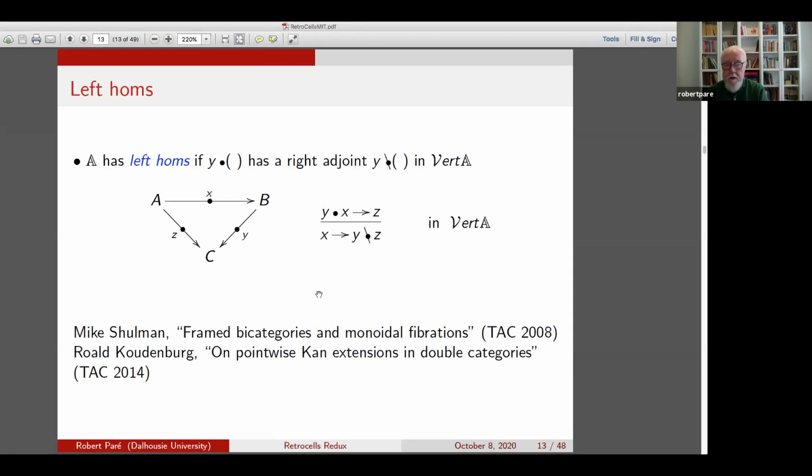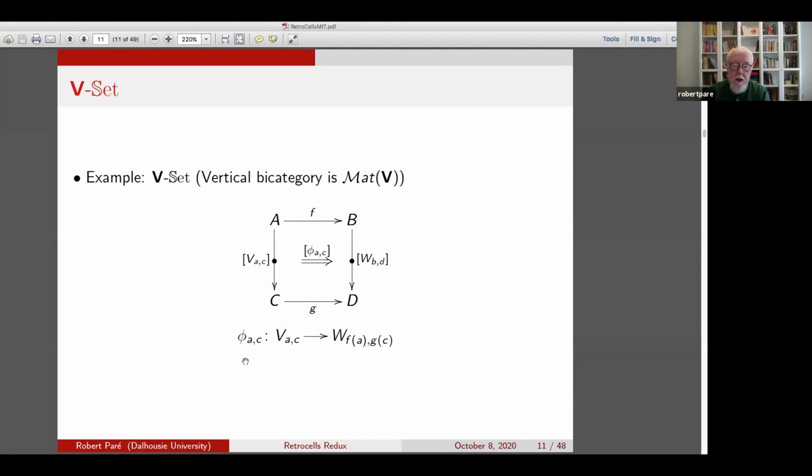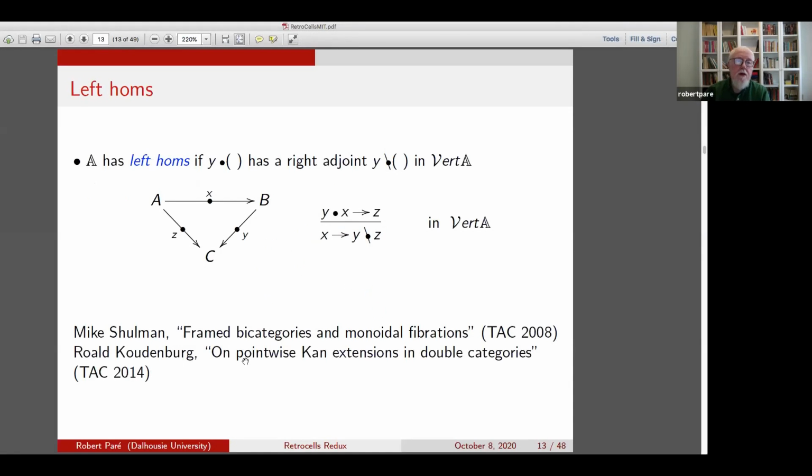Now, let me talk about left hams. There are left hams and right hams. I'll just look at left hams. Right hams are of course dual. So A has left hams if vertical composition, for every Y, vertical composition by Y has a right adjoint.